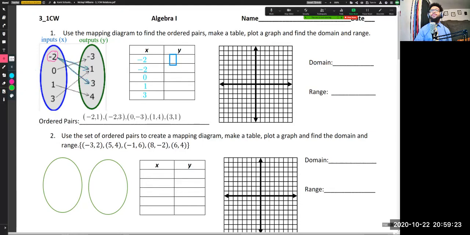Our first Y is going to be this 1. Our next Y is going to be this 3. Then we have -3. And 4. And finally, 1.